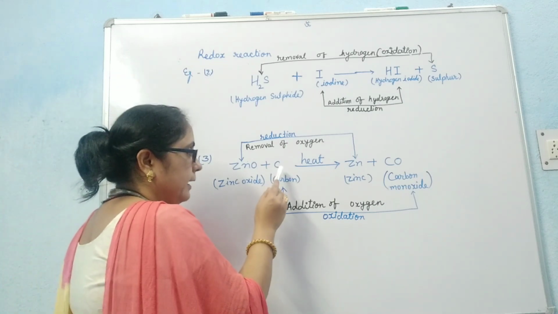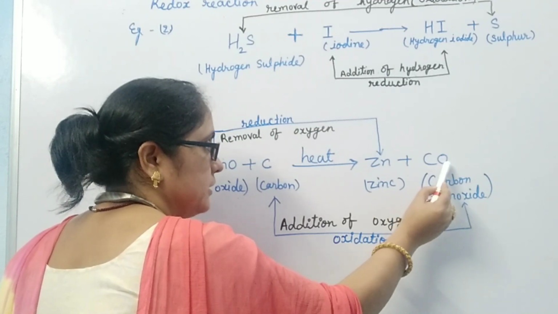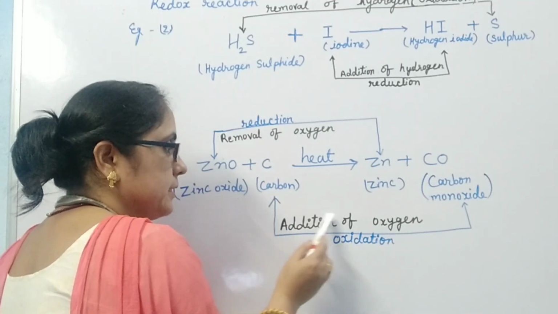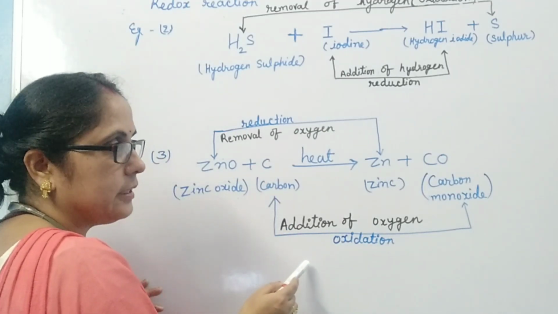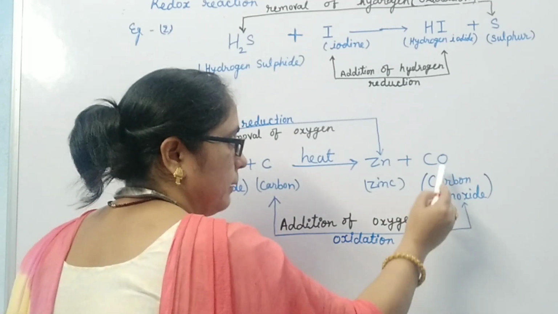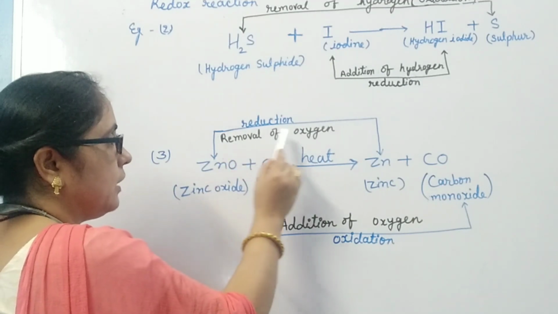And again, carbon changes into carbon monoxide by the addition of oxygen to the carbon. So, addition of oxygen means oxidation reaction. It means carbon is oxidized to carbon monoxide.